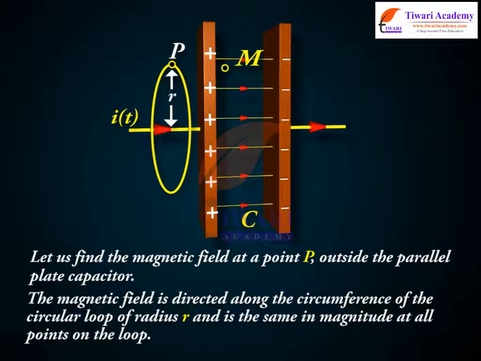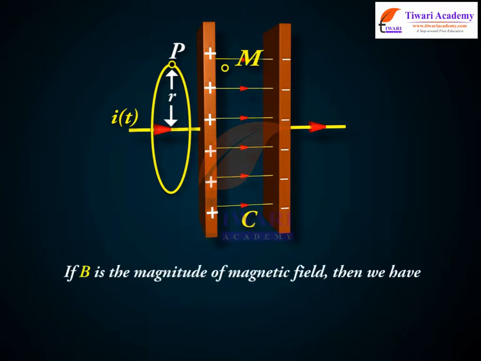The magnetic field is directed along the circumference of the circular loop of radius r and is the same in magnitude at all points on the loop. If B is the magnitude of magnetic field, then we have B into 2 pi r is equal to mu naught I t. Equation 2.